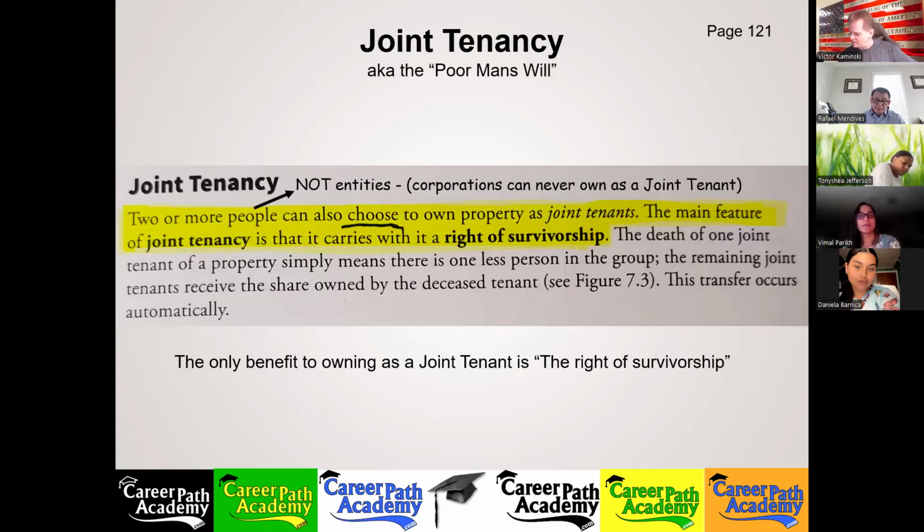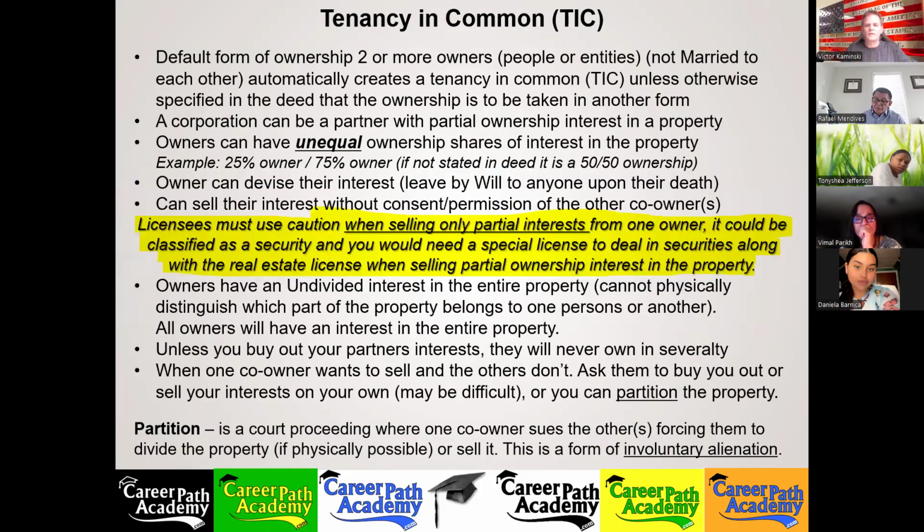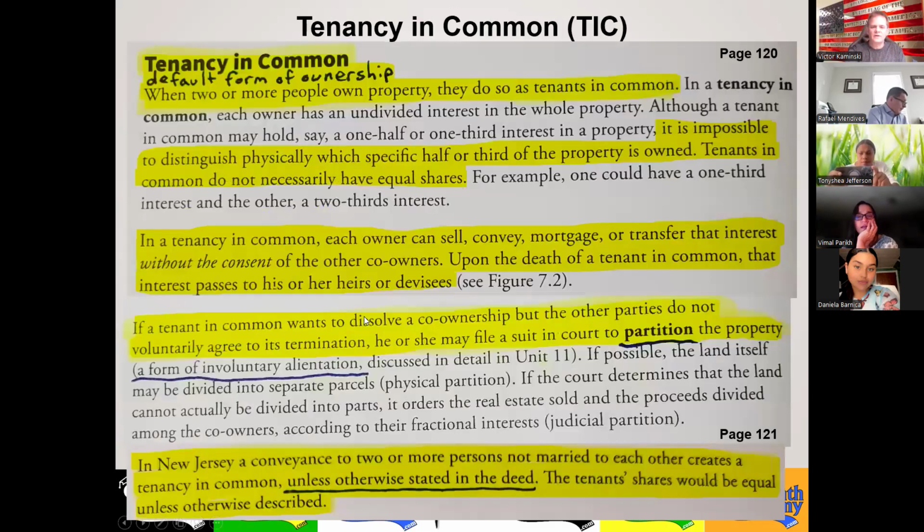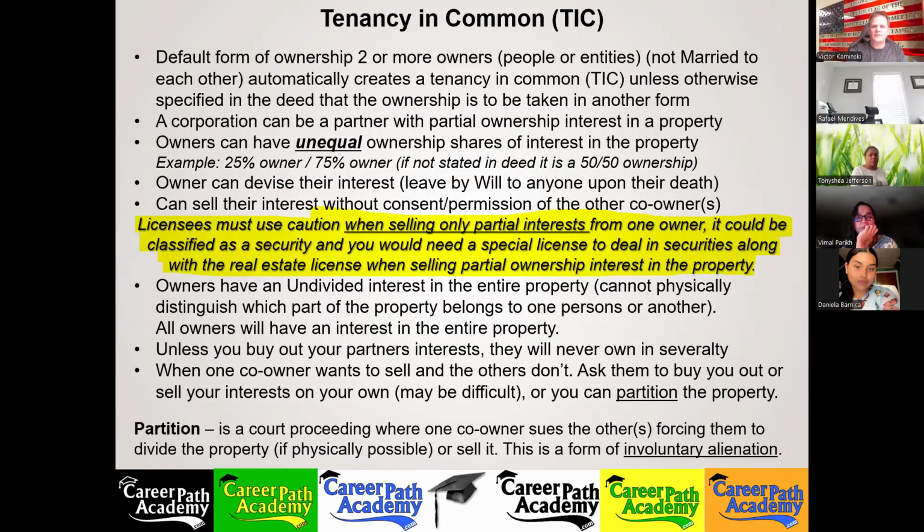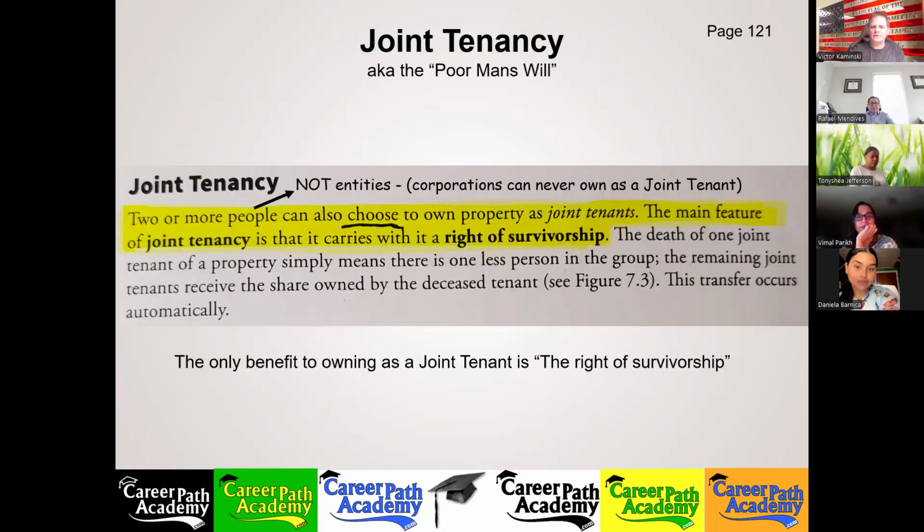Excuse me. Yes. Can you just go back to the last page? What was the page number? I didn't highlight this one. This is not a page in the book. Right here, these are the notes that I gave you. This was what you highlighted, and then this was my notes on it. And then this was for the joint tenancy. Give me a second.